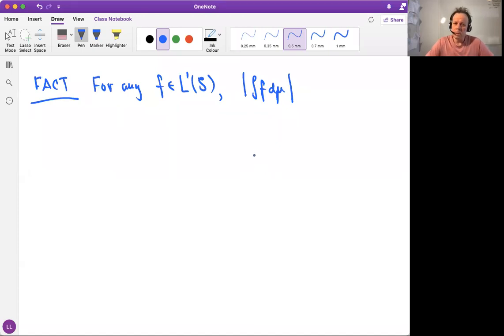Maybe I should actually mention, this is not a very good notation. What's wrong with it? People use this notation, but there's something wrong. If I write L1 of S, can you recognize what's bad? Whether or not f is integrable is not a property of the sigma algebra.